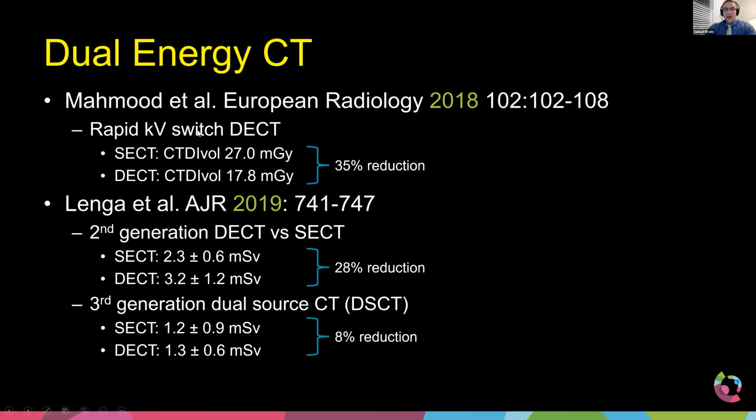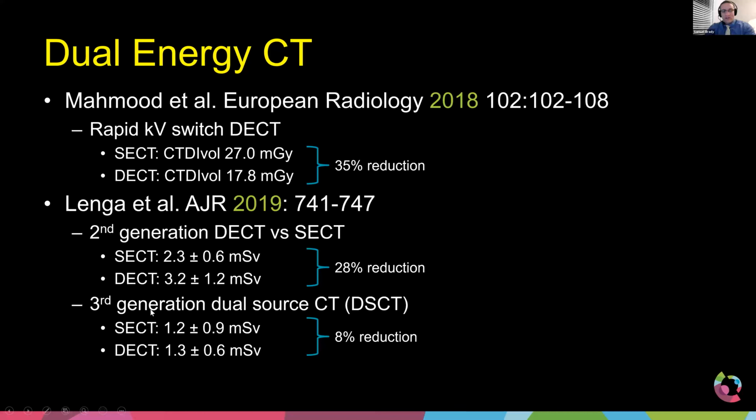You can see here after just a couple of years of fine tuning and optimizing the protocols, even on these older dual energy CT scanners, we can get, I wrote those backwards. You can actually get dual energy now that's a little bit lower dose. My apologies. The dual energy is actually a little bit lower. At least I think it is. I may have written that down wrong, but we'll just ignore that for now.